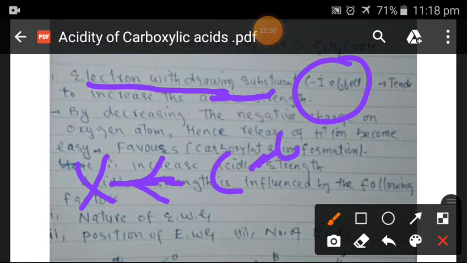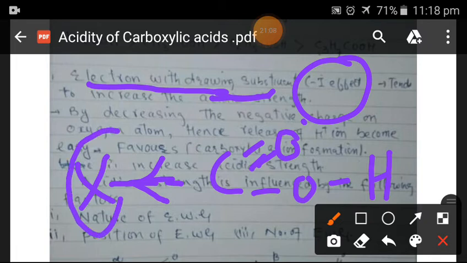As a result, for example, here we have one hydrogen here. So this being electron withdrawing, it tends to decrease the electron density on this oxygen atom, which is carrying negative charge.